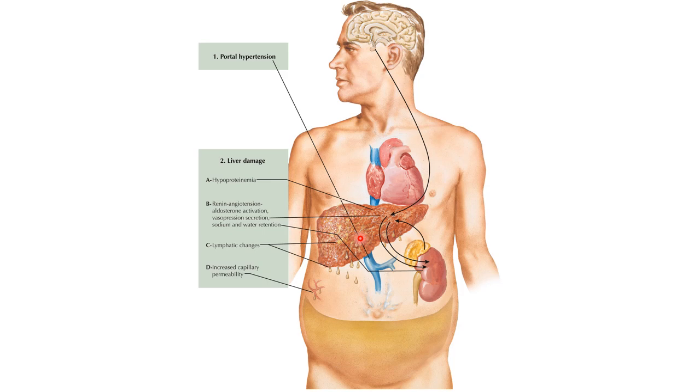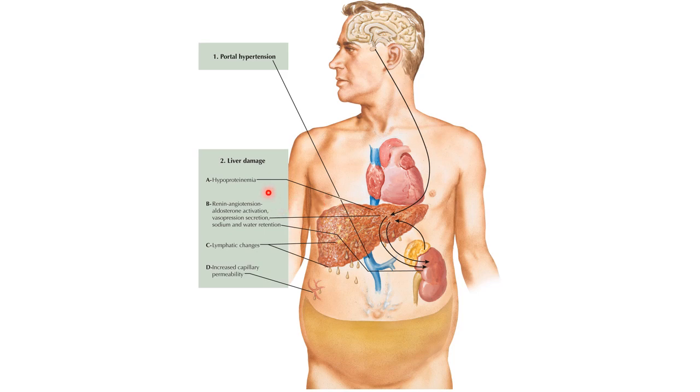Chronic ischemia siya, and so mamamatay yung liver cell. That's one mechanism. But the other mechanisms of liver damage are from the etiology of the cirrhosis. But at the end of the day, the liver loses its function. So hindi na siya makakagawa ng plasma proteins, hypoproteinemia.